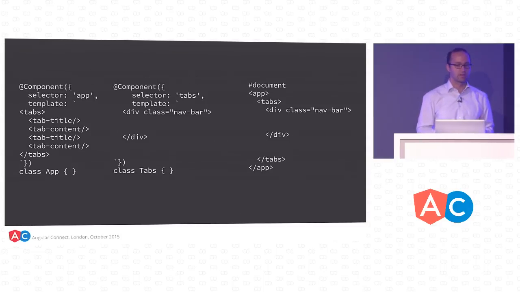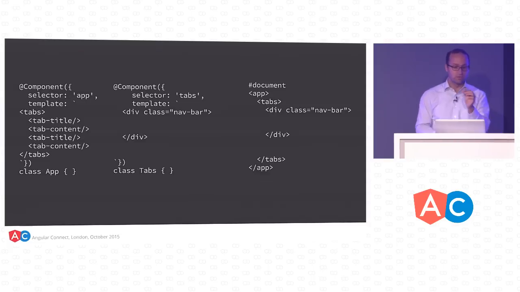Why is this? So when Angular creates a component, it takes the nodes that it finds in the template and makes them children of the component element. So in this case, you can see we took the template and just made it children of the tabs. But the original children, they were just removed by Angular.